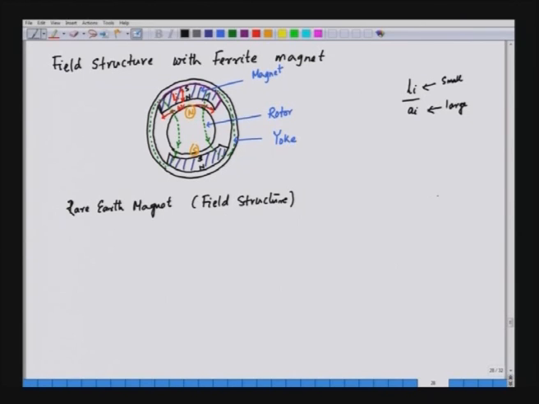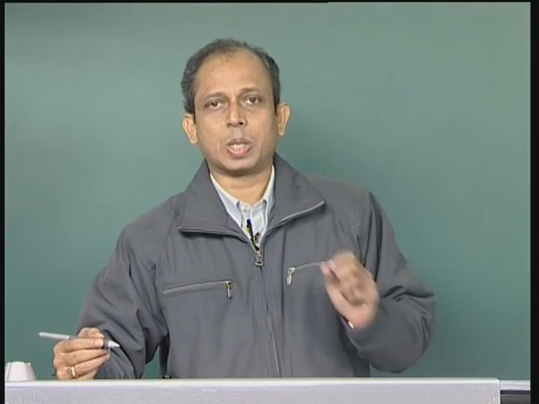We have a large residual flux and also a large coercive force. These magnets are expensive and they are used for those applications where we need a very compact motor.